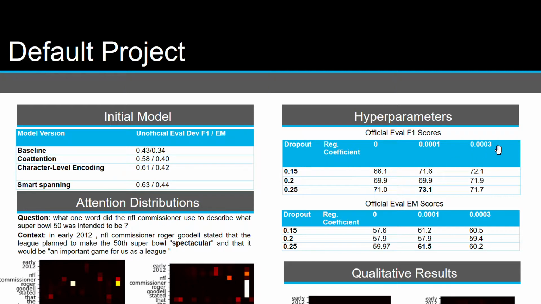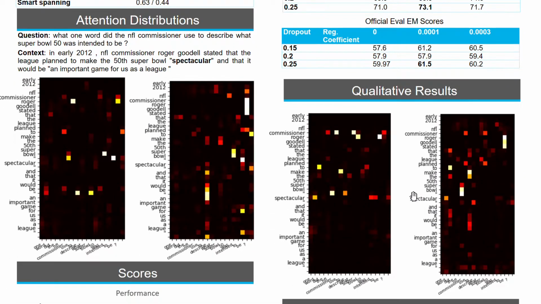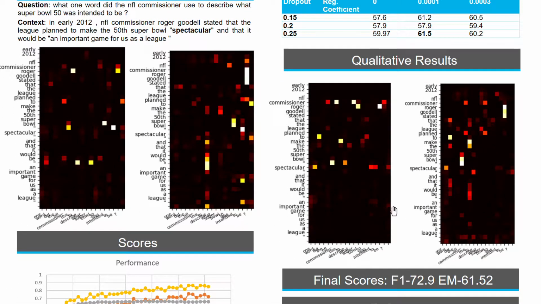So I focused on this grid of combinations of different values, and ran them for 15,000 iterations, and then found that there was definitely one standout here of 0.25 dropout, 0.0001 L2 regularization.